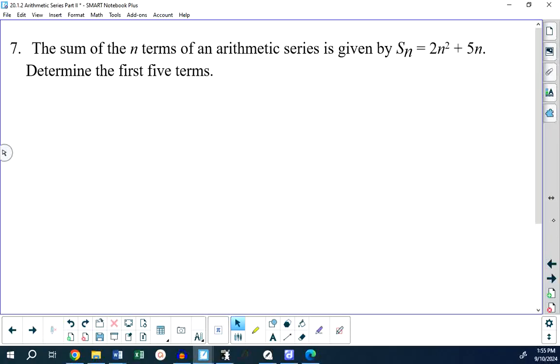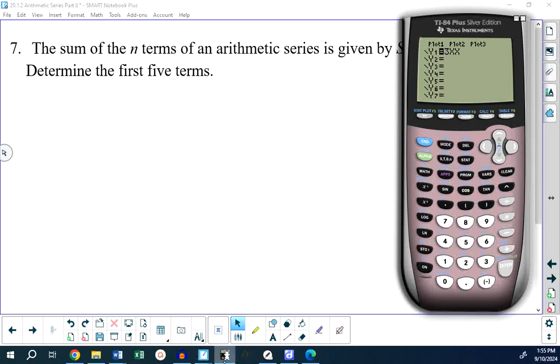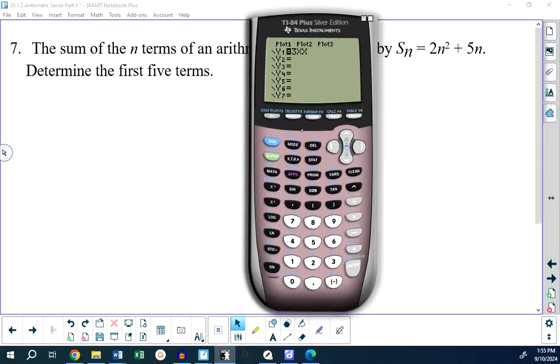Okay, well, let's use our calculator here to shave a couple of minutes off of our work. I'm going to put this formula, this expression, 2x squared plus 5x in my calculator. And please humor me, set up your table so it's ask. And I go to my table, and I'm going to put 1 here, and it tells me it's 7.